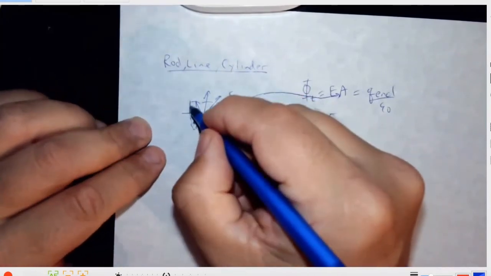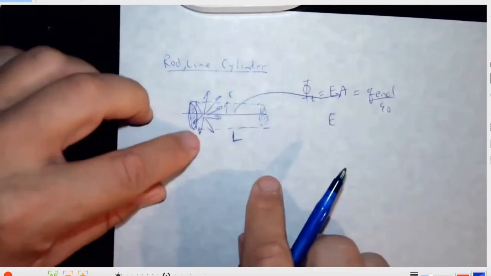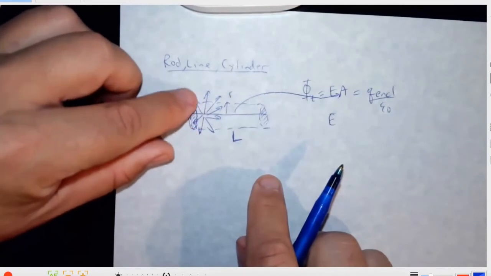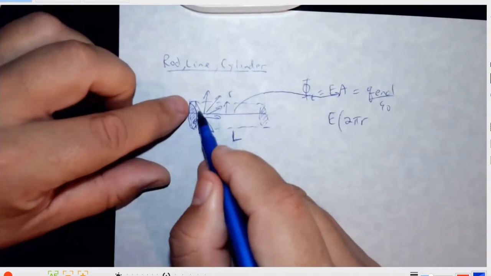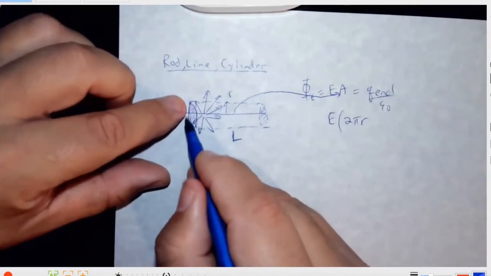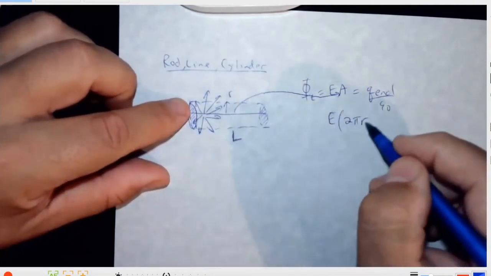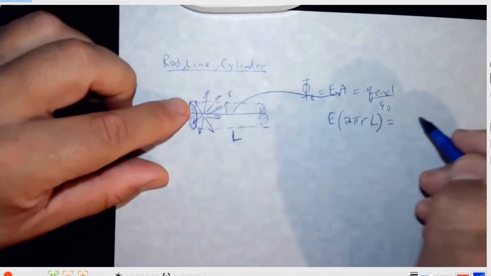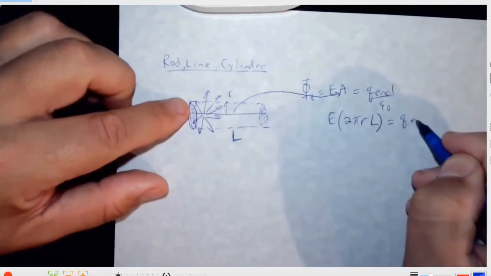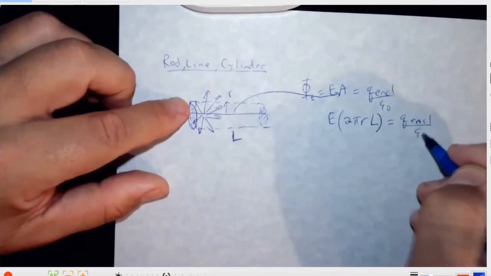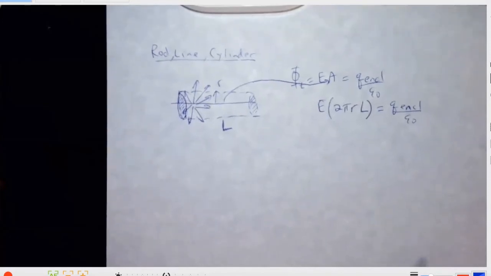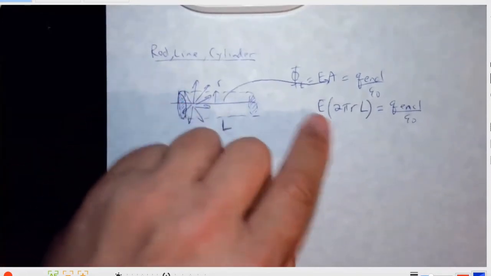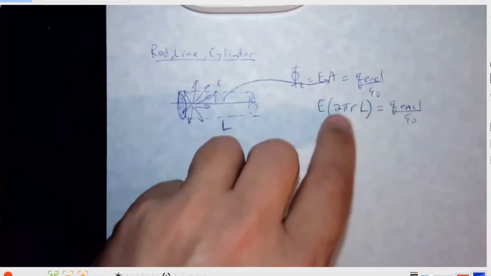All right, so 2 pi r gives you the circumference of that Gaussian cylinder, and then L gives you the length, times E equals Q enclosed over E0. Okay, so then E times 2 pi r L. So now divide this by this.